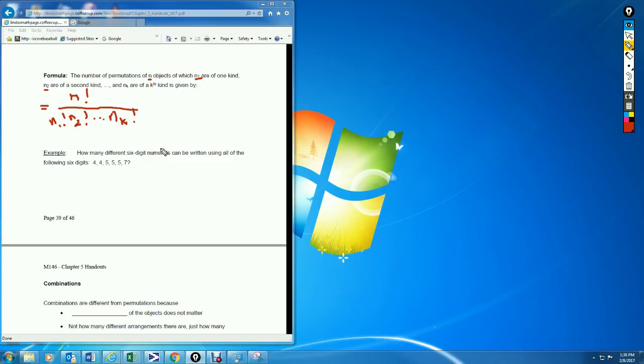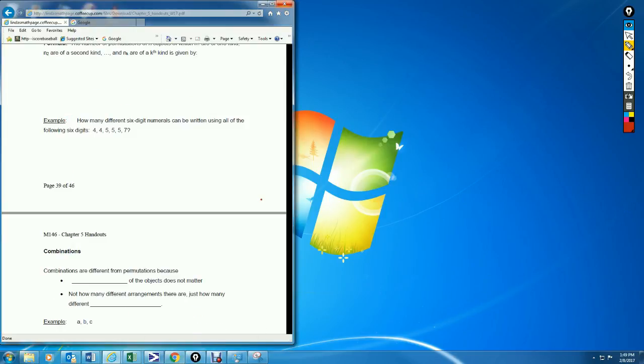How many different 6-digit numerals can be written using these 6 digits? Okay, so there are 6 total numbers here. So in other words, n equals 6. But we have some repeats. We have 4 repeated 2 times. We have 5 repeated 3 times.